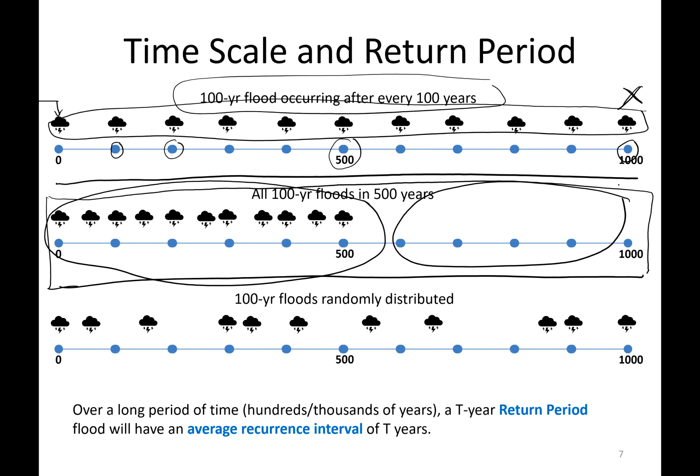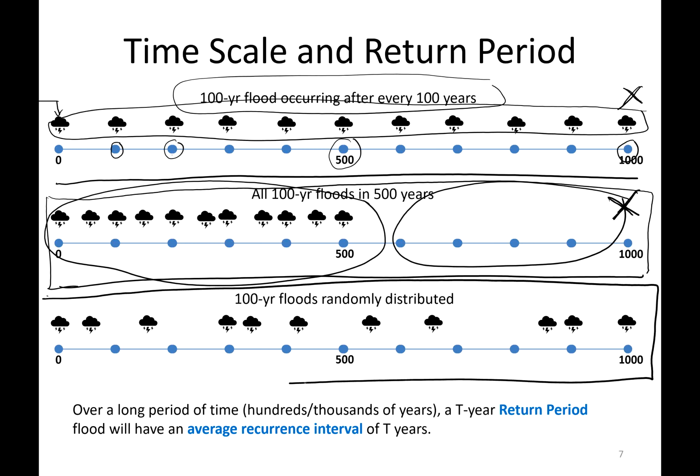Again, this could be possible, but it doesn't happen very often in nature. Most of the time, what we see is the third case, where we have 10 events that are evenly distributed over a period of 1000 years.